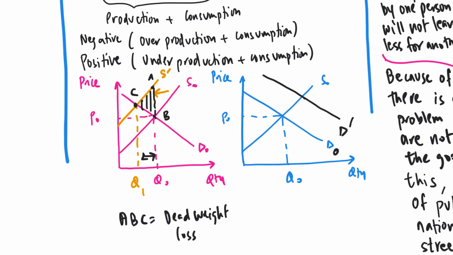So the demand should be at Q1, where the new demand curve should be D dash, but the consumer will only consume Q0, which means at Q0 there is AB of positive externality that has not been internalized. That's why ABC becomes our market failure, because there is a deadweight loss. This area ABC will be a deadweight loss. So that is the first market failure, which is externality.